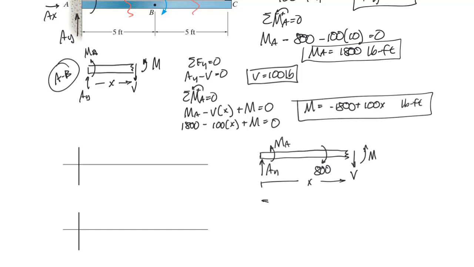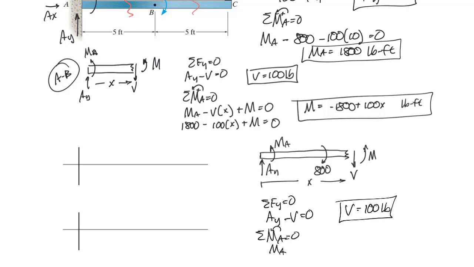Okay, let's sum the forces in the y. Sum of the forces in the y is equal to 0, so I got AY minus shear is equal to 0. So shear here is still 100 pounds. Sum of the moments about A is equal to 0. So I got moment about A minus 800, because that's going in the negative direction, minus shear multiplied by x, plus the moment as a function of x is equal to 0.